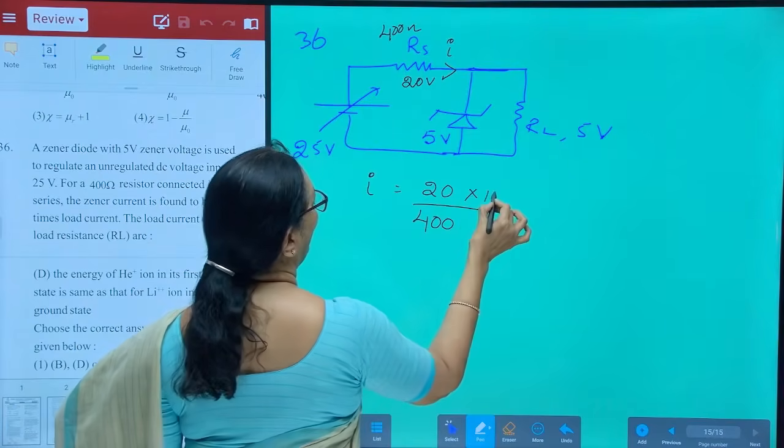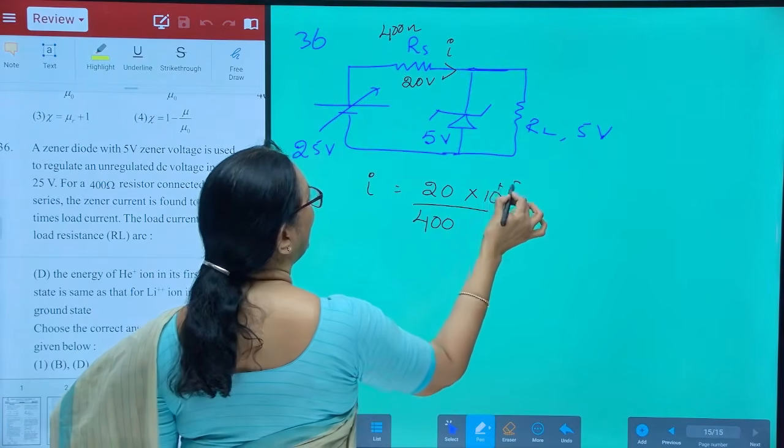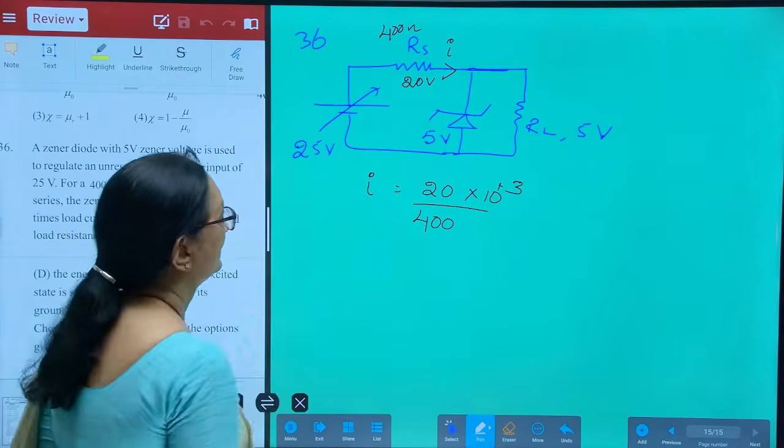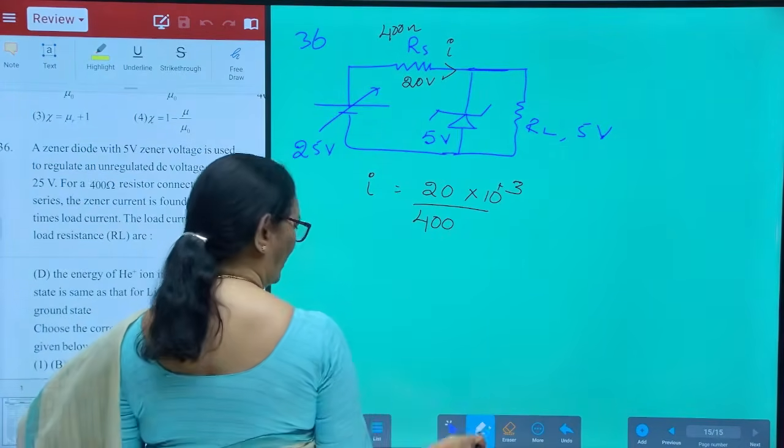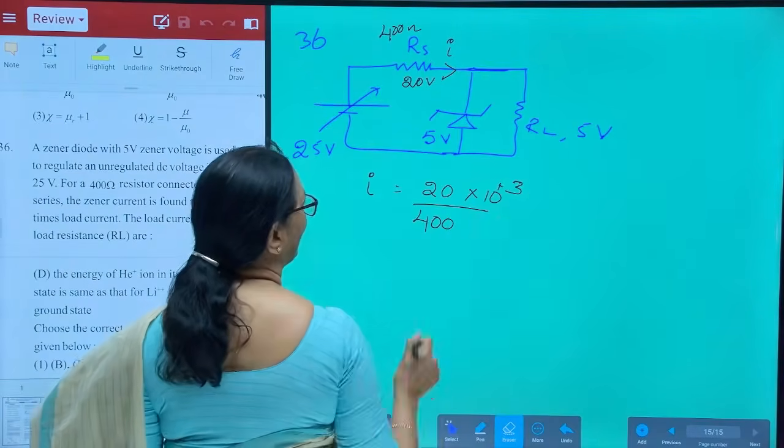If you want to express current in milliamperes, multiply that with 10 power 3, or it doesn't matter, leave it like that.